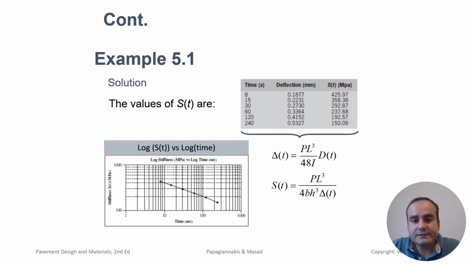This slide shows the values of stiffness at different times, and basically the two equations that are used to calculate stiffness are shown on this slide. So we can use this information to plot the log stiffness versus log time.